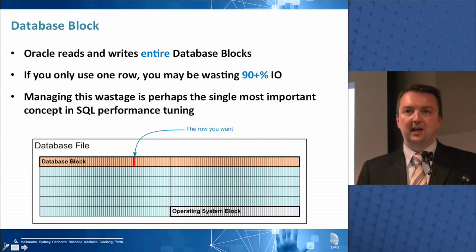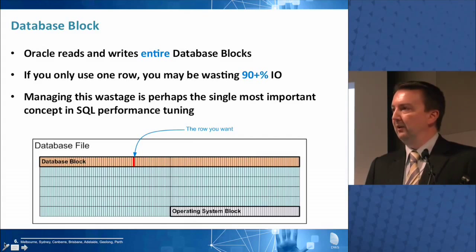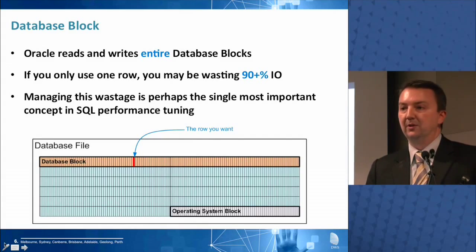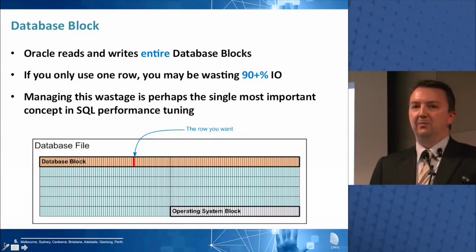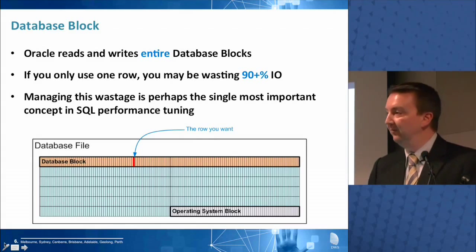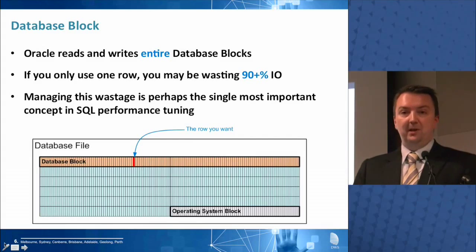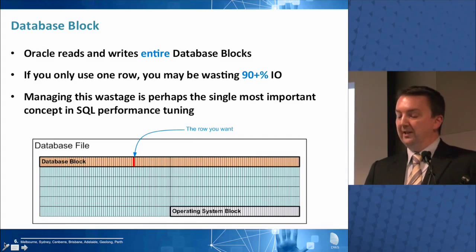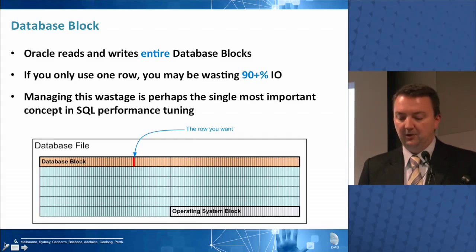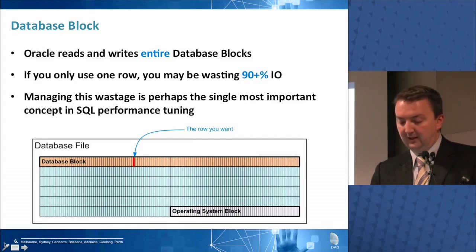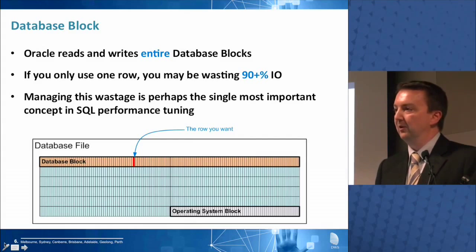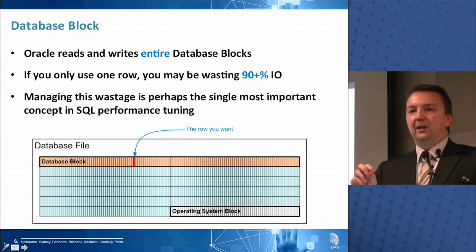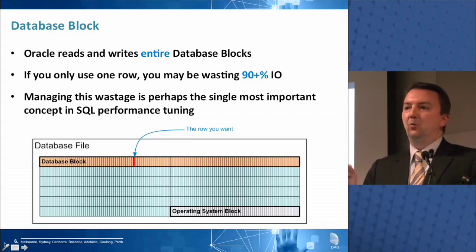In this block, most of the pieces of data that we read, most of the rows that we read, are not that big. They're much smaller than that. It might be 100 bytes. So lots of rows are going to fit into a single database block, as depicted there in that tiny red sliver. That's one row in a database block. Now, in a database, we often deal in one row at a time.